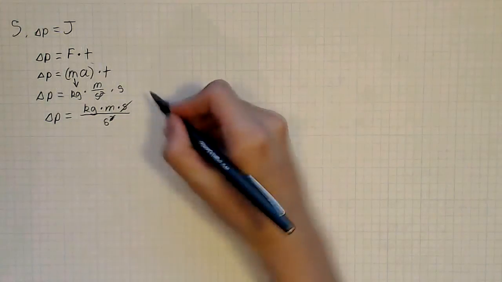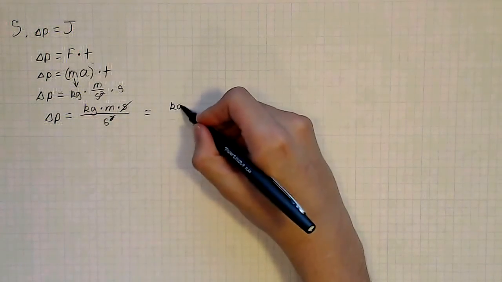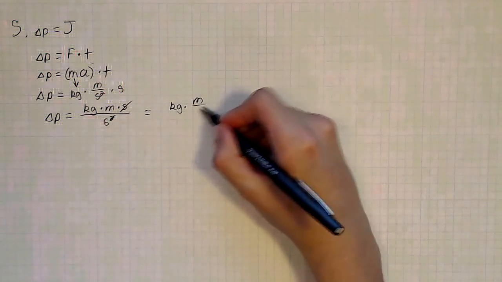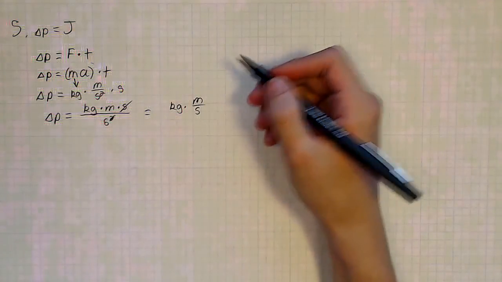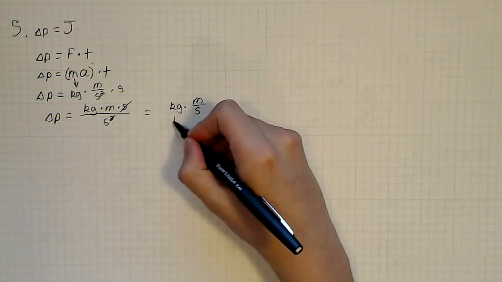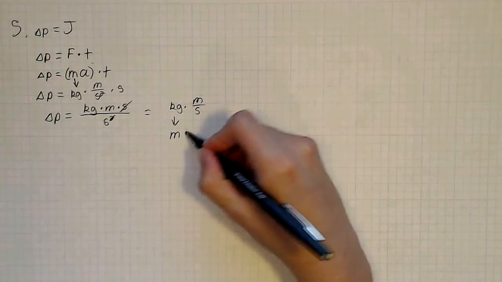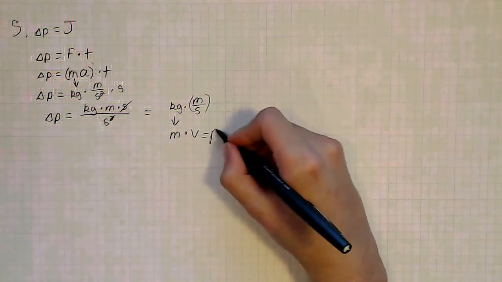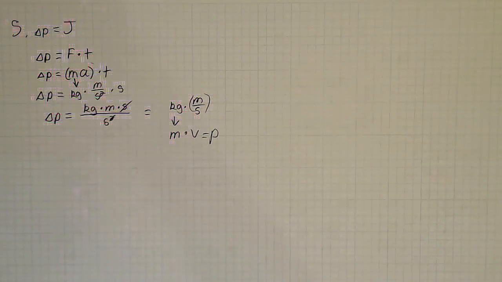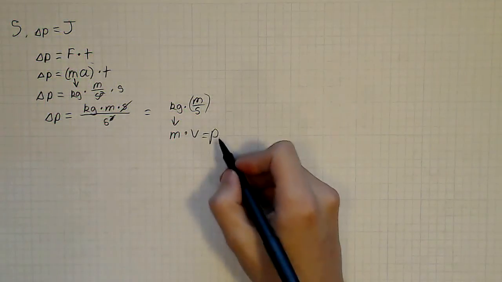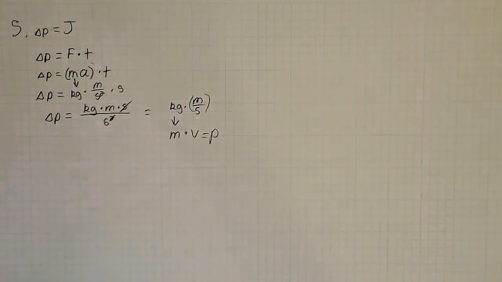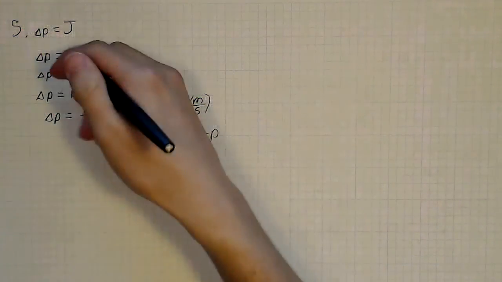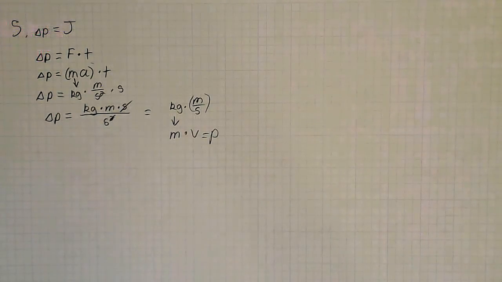We can cancel out one of these, so we get kilograms times meters per second. Aha, we recognize that, don't we? This is a mass times meters per second, which is a velocity, and that is how we find momentum. So we have just proved through dimensional analysis that P equals mv. Now, we kind of cheated and used an identity that already exists, so this isn't technically proving it, but it's good enough for this worksheet.